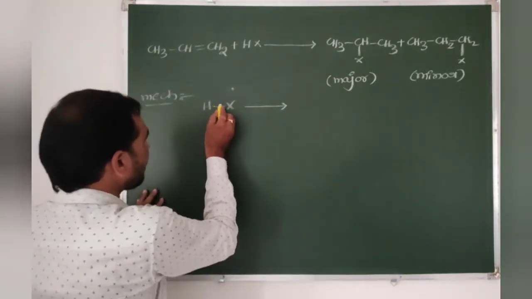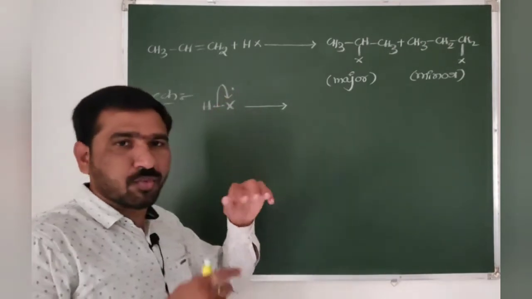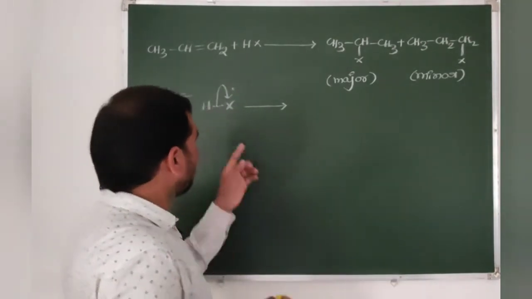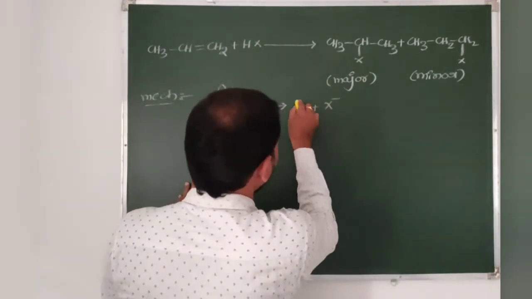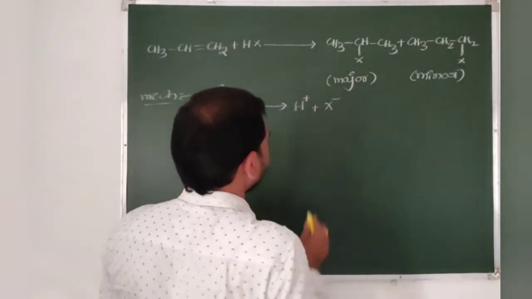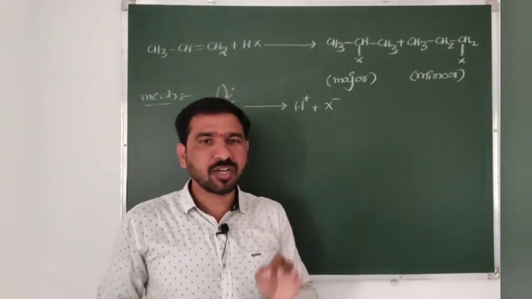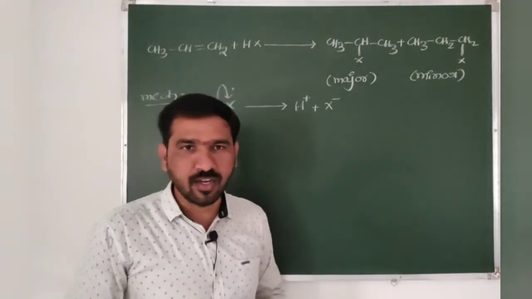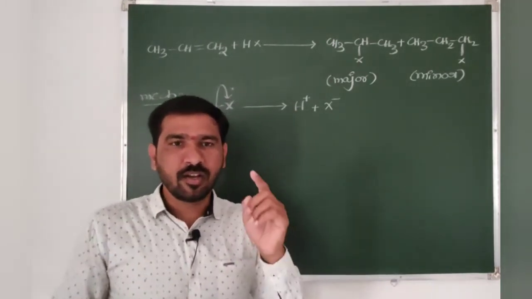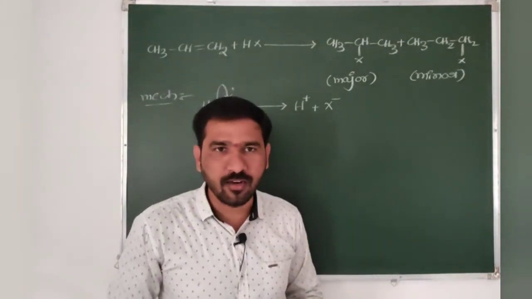Therefore, covalent bonded pair of electrons polarized towards the more electronegative atom side, then X getting negative charge and hydrogen getting positive charge. The reagent which having positive charge is called as electrophile, so that H plus is electrophile. The reagent which having negative charge is called as a nucleophile, so that X minus is nucleophile.